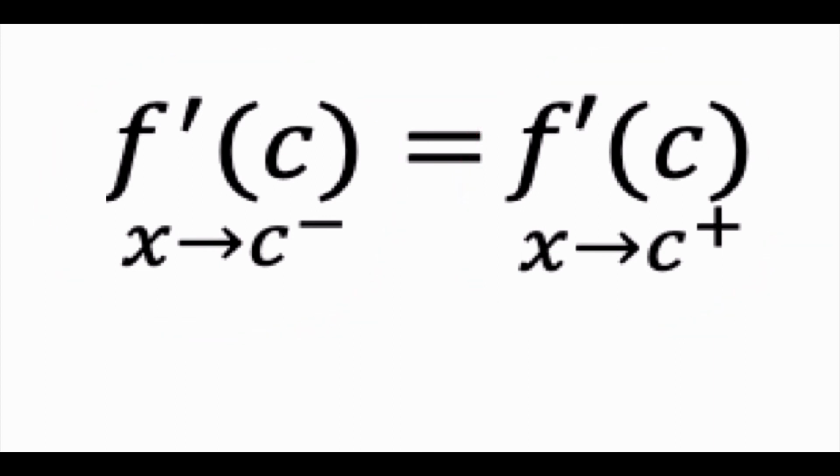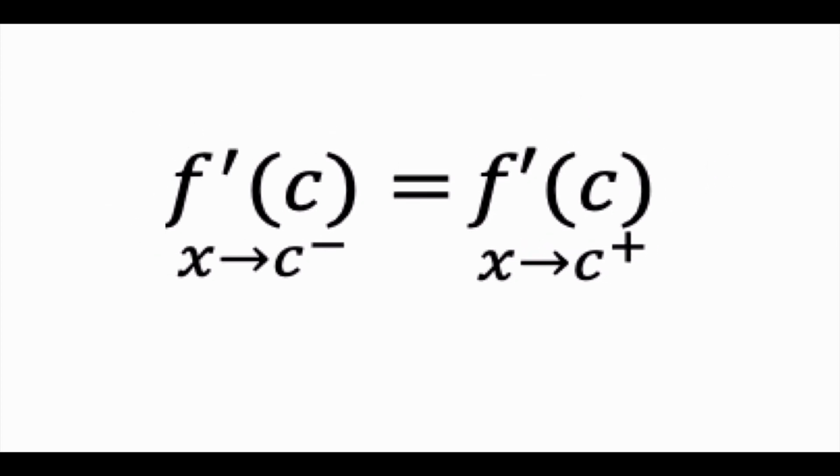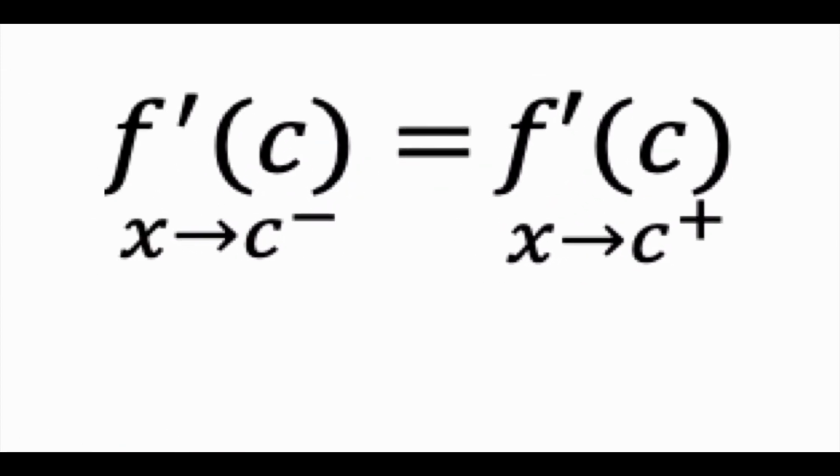Limit as x approaches c from the left equals... The derivative, keep going. I know this means derivative, but what does this whole thing mean? The derivative of c from the left side will be equal to the derivative of c from the right.